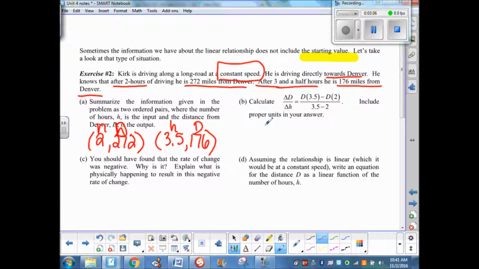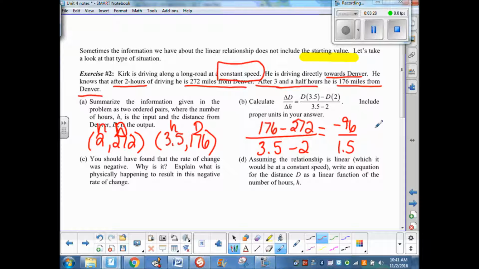The distance at 3.5 hours is 176 minus the distance at 2 hours, which is 272, divided by the change in the hours. And when we do that subtraction, we end up with negative 96 over 1.5.